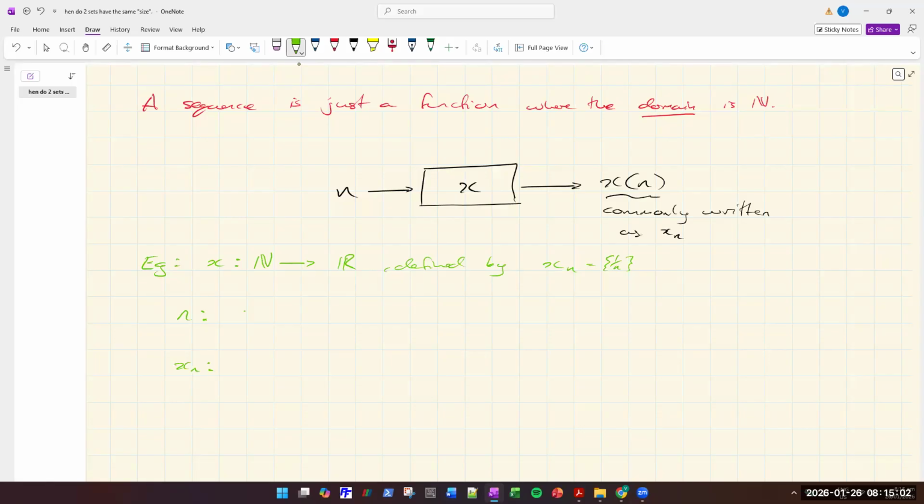When n is 1, it's 1 over 1, so this is 1. When n is 2, the sequence is doing 1 over n, so this will be a half. When n is 3, the sequence is 1/3, right? And you get the idea. For n, the sequence is 1 over n.